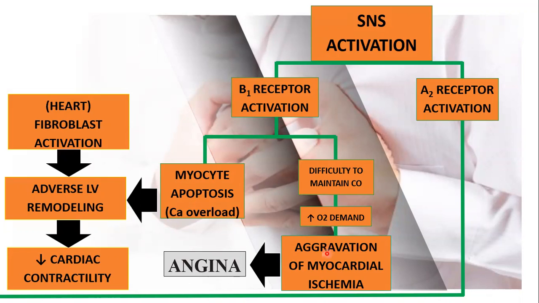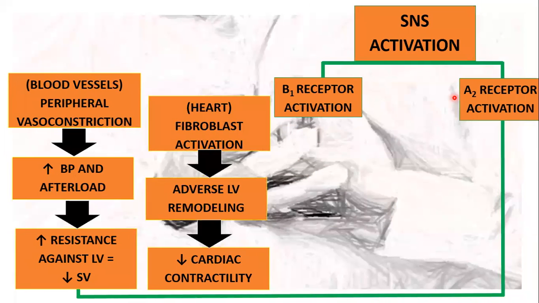This now would further aggravate the myocardial ischemia, and this would be manifested in our patient as angina or chest pain. Aside from the beta 1, alpha 2 receptor is also activated. That activation would further aggravate the peripheral vasoconstriction, leading to more resistance against the left ventricle and further reducing the stroke volume.